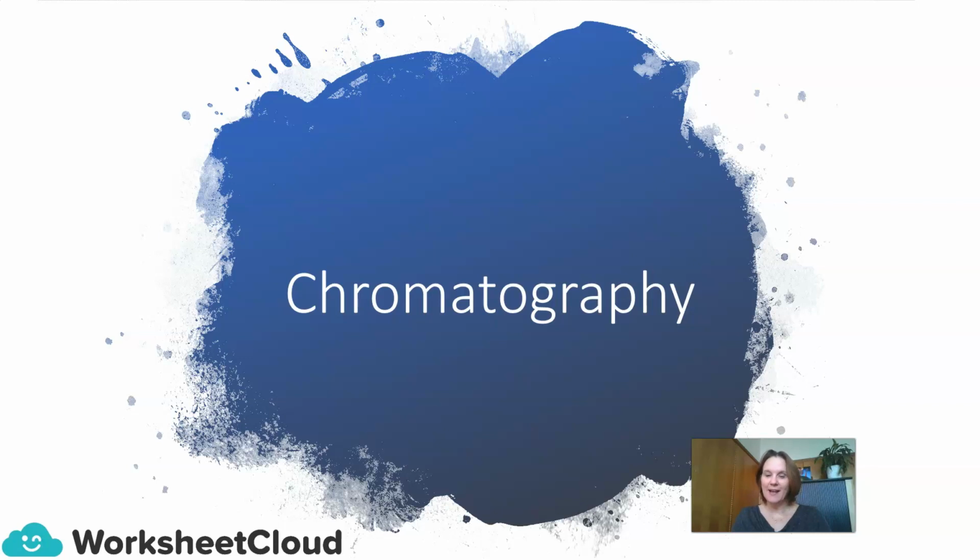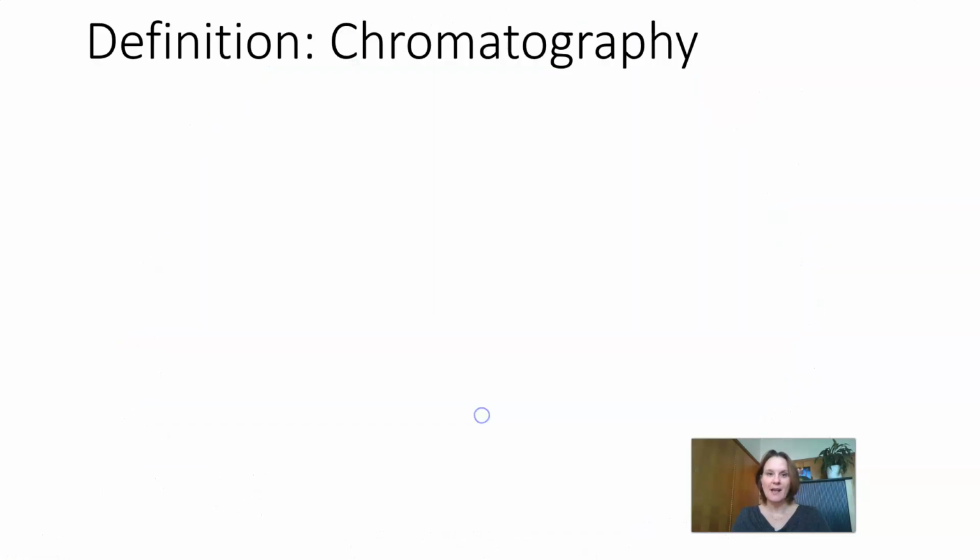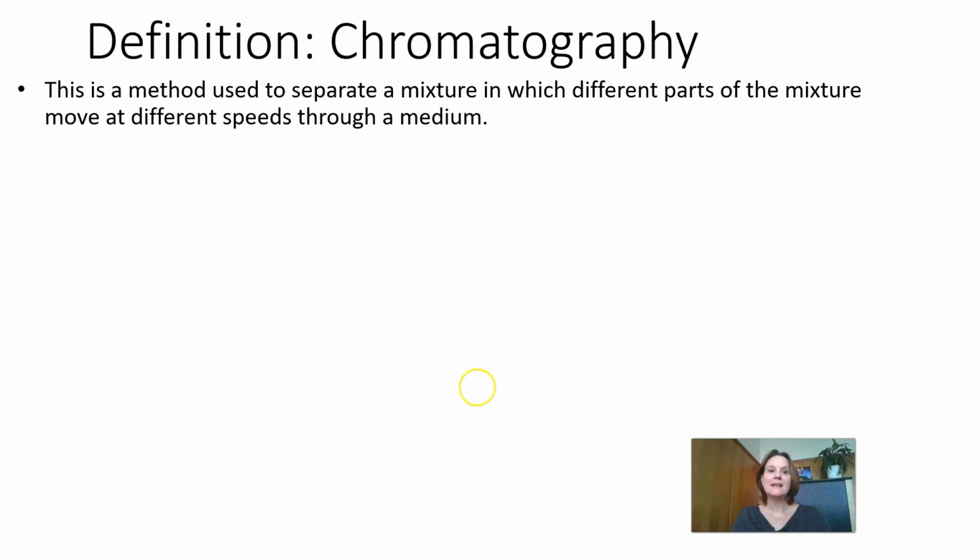Let's take a look at chromatography. Now, chromatography is a method used to separate a mixture in which different parts of the mixture move at different speeds through a medium. Now, this explanation is quite detailed, so I've broken it down into little chunks for you, and then I will simplify it for you through my explanation with my diagrams.